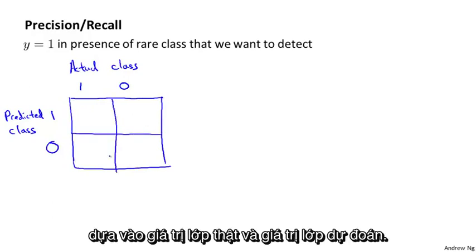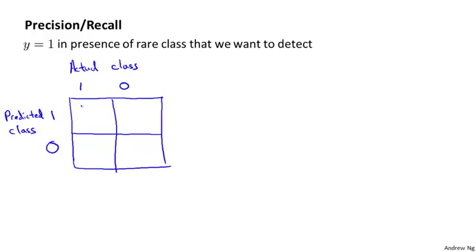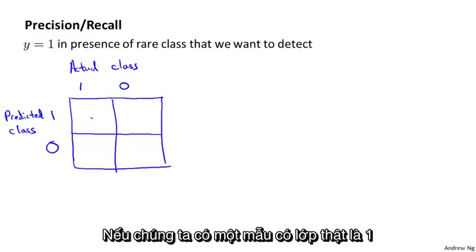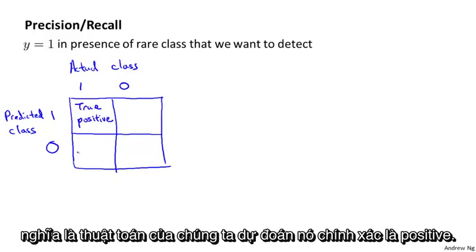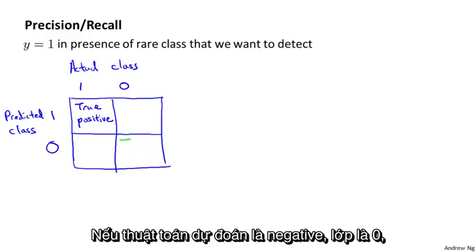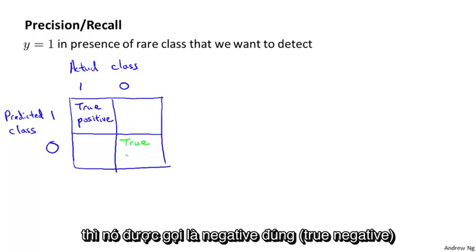and I'll fill in these entries depending on what was the actual class and what was the predicted class. If we have an example where the actual class is 1 and the predicted class is 1, then that's called a true positive, meaning our algorithm predicted that it's positive, and in reality the example is positive. If our learning algorithm predicted that something is negative, class 0, and the actual class is also class 0, then that's what's called a true negative.